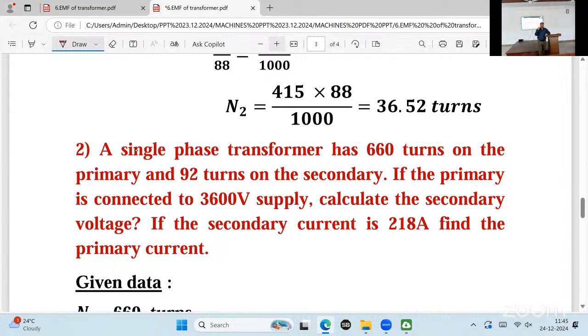Formulas: if you get the formulas, you'll get marks. You should remember the formulas.